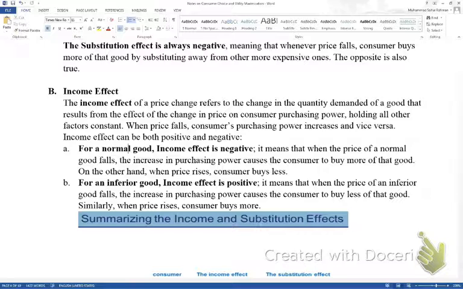And if the price goes up, meaning that your income is going down, you buy more of that good. So notice that in this case, income effect is positive because the movement of how much you buy is in the same direction as the price change. When price goes up, you buy more. When price goes down, you buy less. So that's the positive relationship that I'm talking about.